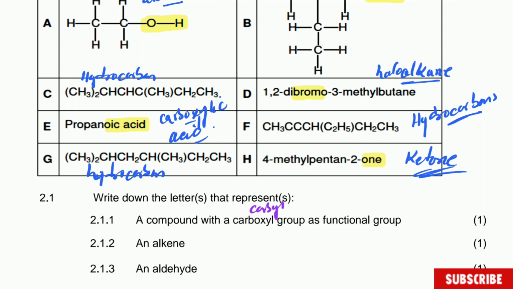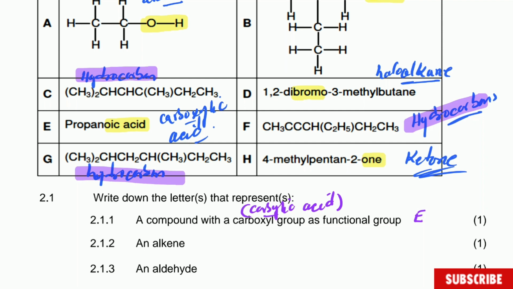So carboxylic acid, and we identified before, so we know it is going to be compound E. An alkene, now for the alkene, remember we have 3 possible options here, which are the 3 hydrocarbons. So we have compound C, compound F, and compound G. All of them could be either an alkene, alkane, or alkyne.